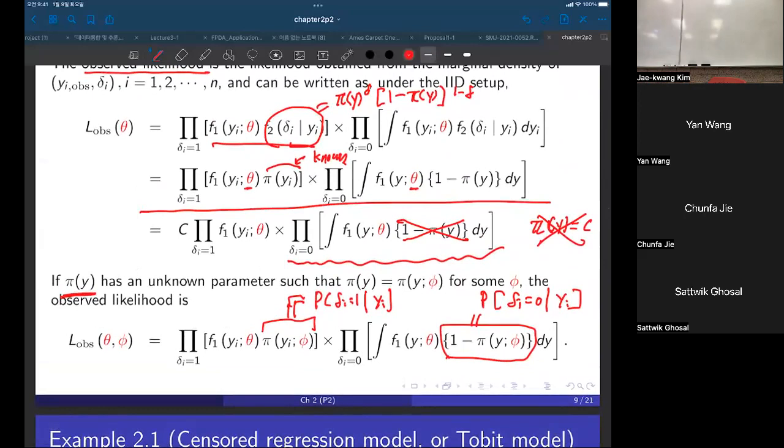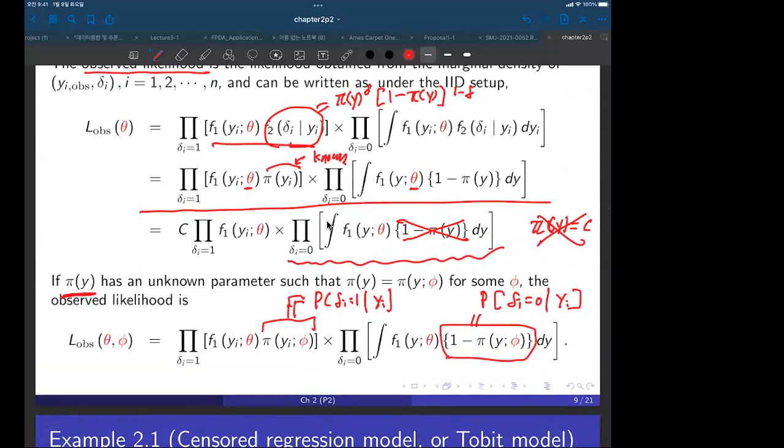How can we use a single form to express this observed likelihood? This expression here is just a special case of the general expression.